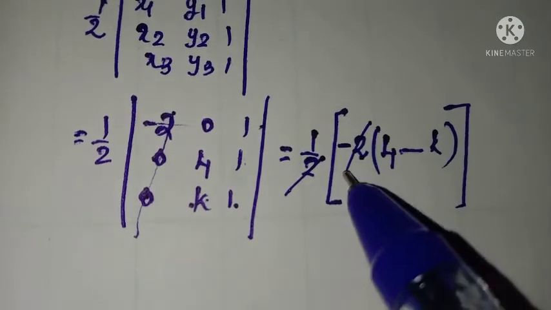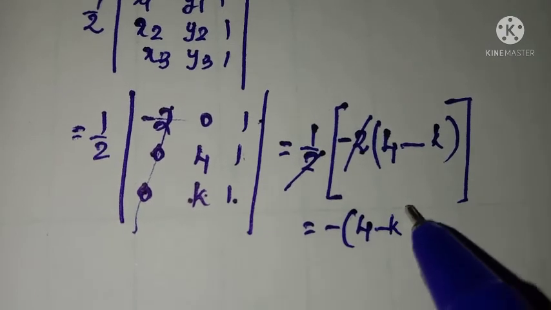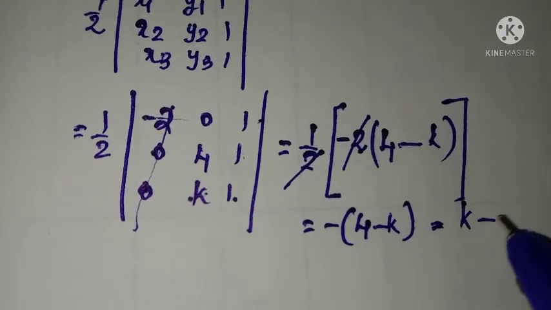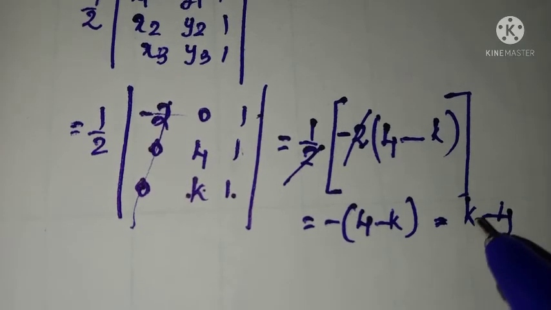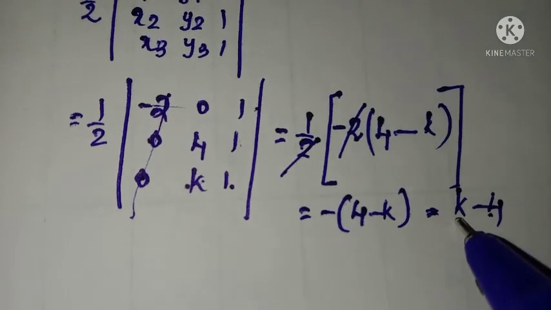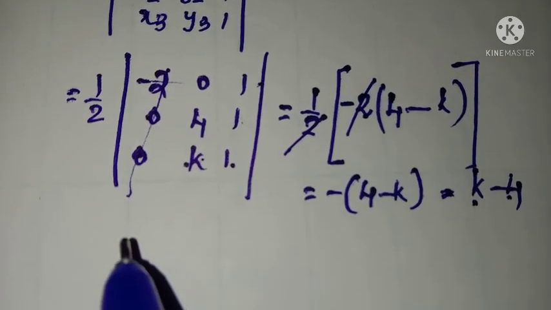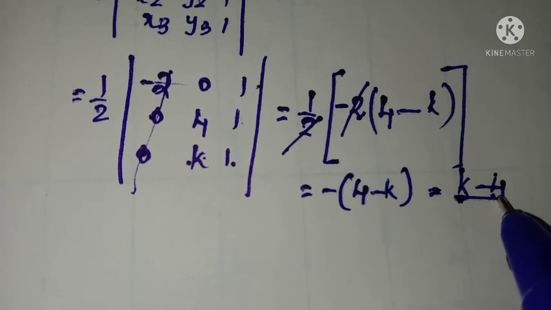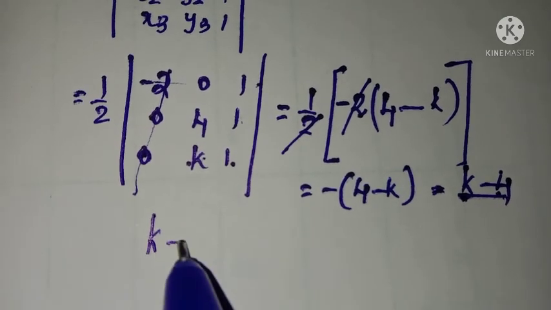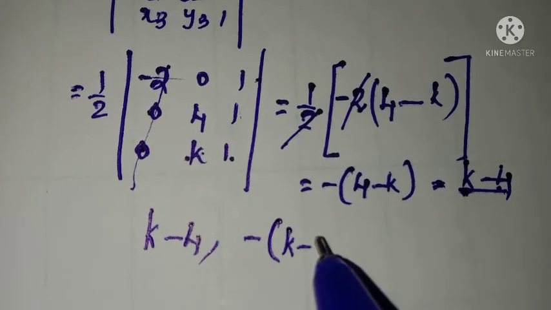Here we can cancel these two, we get minus of (4 minus k), or this is equal to k minus 4. So listen, the determinant value is k minus 4 and this is the positive value. In the question the area is given, so we have to consider both the positive value and the negative value, that is k minus 4 and minus of (k minus 4).